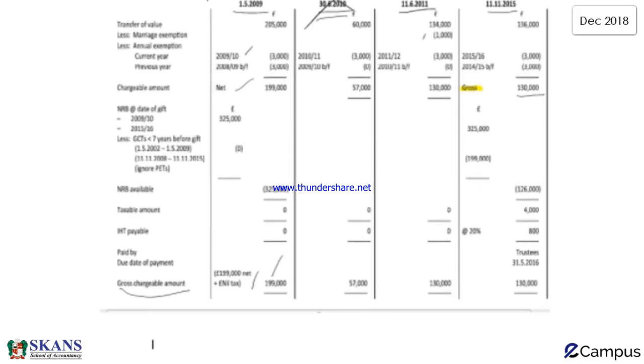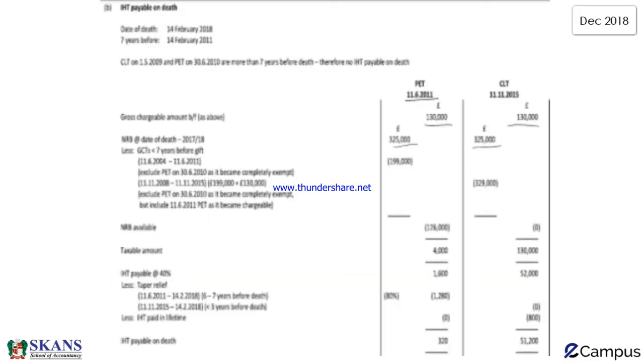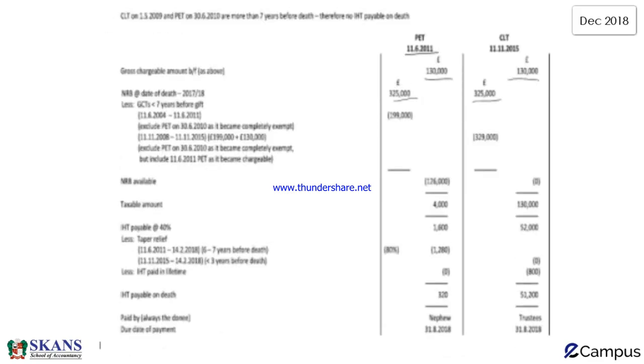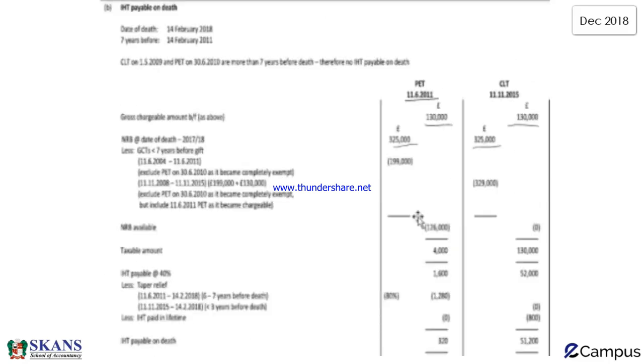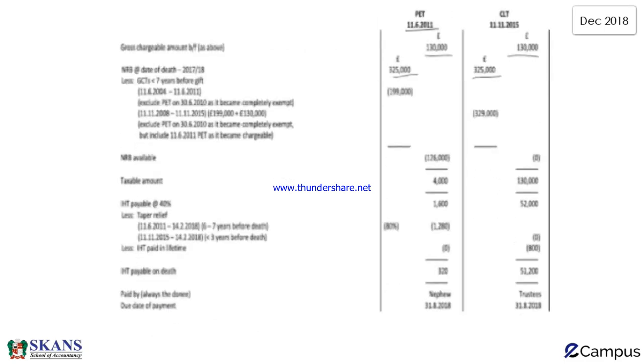So, keeping those things in our mind, we will only be deducting 199,000 because the other transfer was a PET which has become exempt on death. So the available nil rate band is 126,000 and 4,000 are taxable, but on death we do not apply 20 or 25, rather we apply a 40% rate after the application of nil rate band, and that's why I have applied 40% rate on this, and then we have to deduct taper relief.